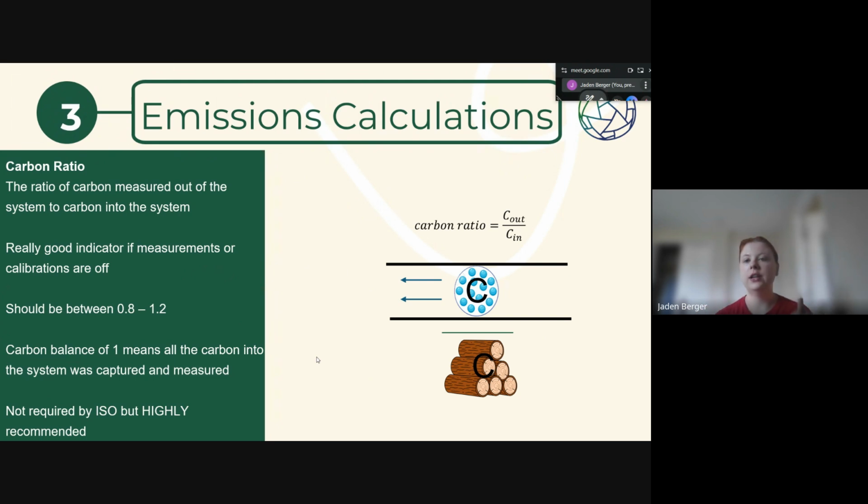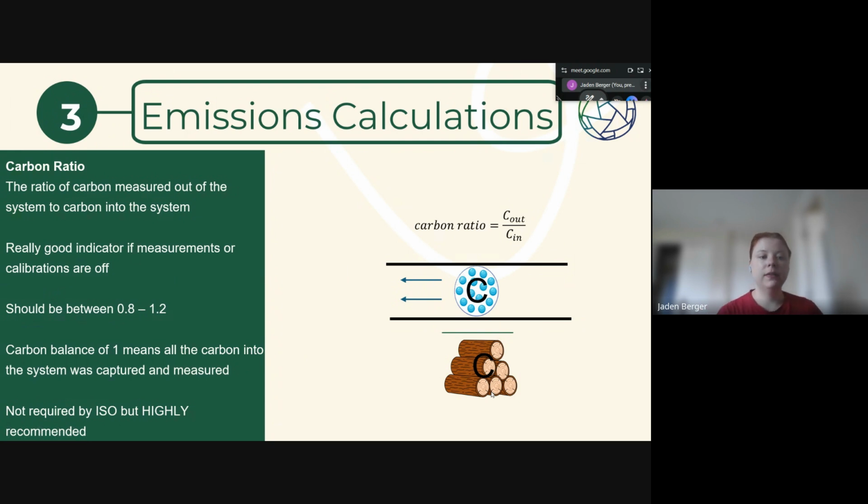So our carbon ratio is a ratio of how much carbon we measured going out of our system, so how much carbon we measured in our emissions, divided by how much carbon we measured coming into our system, so how much carbon we measured from the fuel that we put into our system.